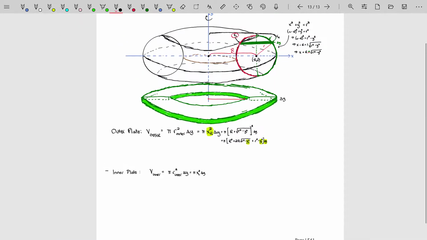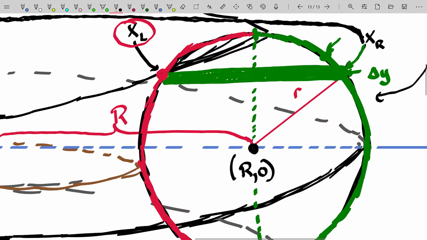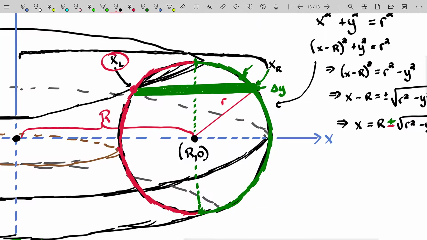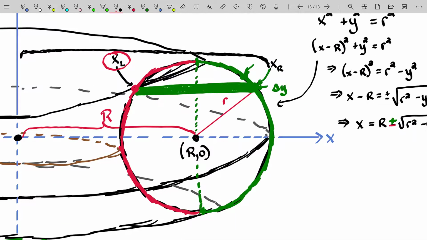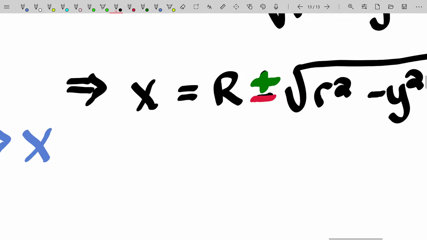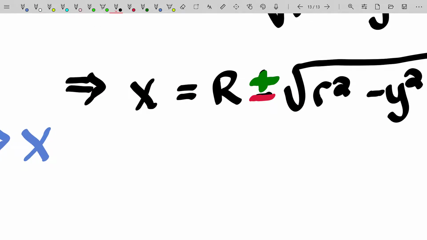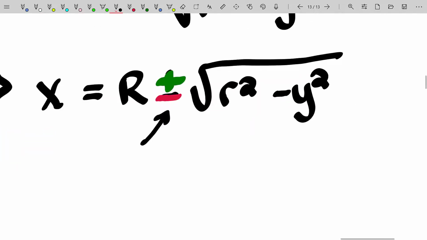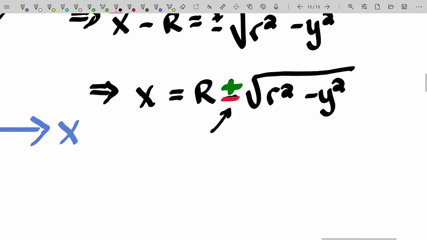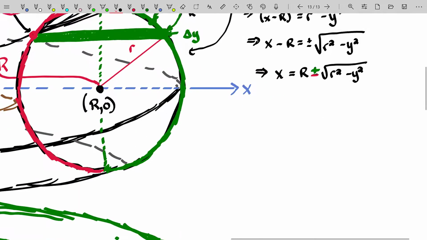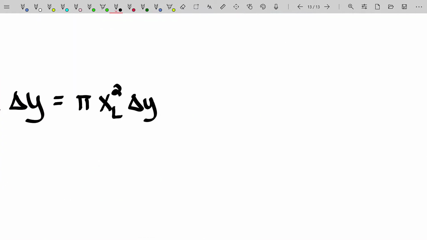Remember the left edge of our circle here, I color coded as red, and any point that was in red had an x value of capital R minus square root of little r squared minus little y squared. So let me go ahead and write that in here.